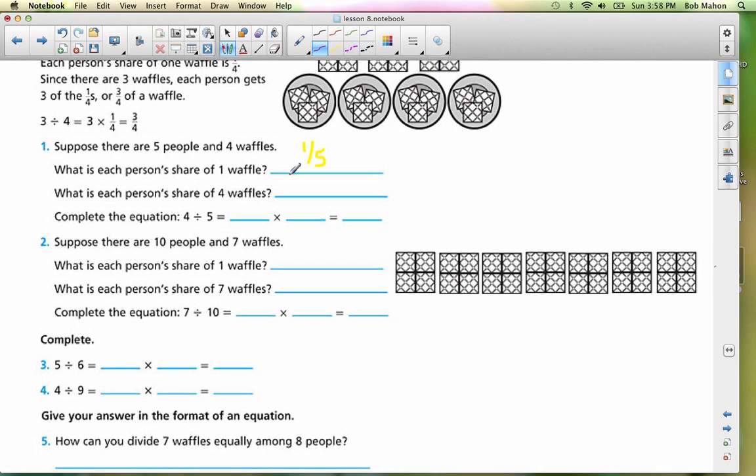Well, they would get 4/5, because they'd get 1/5 out of each individual waffle, right? And if there are 4 waffles, they'd end up with 4/5. So 4 divided by 5 is the same thing as 4 times 1/5, which is 4/5.